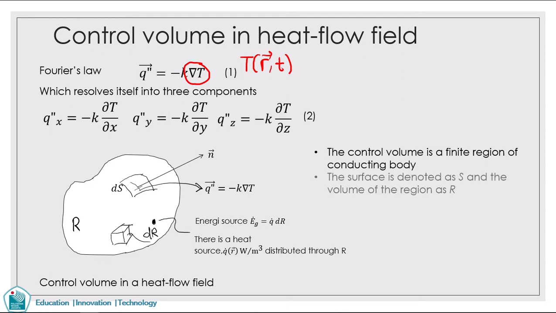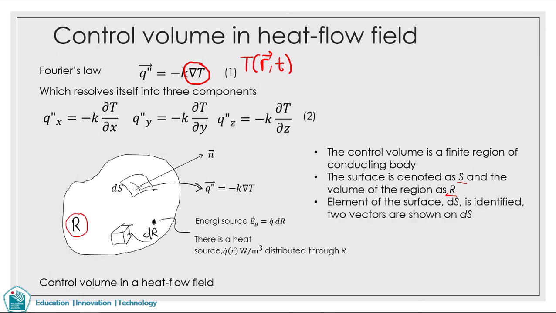Then the volume has a surface. This is the surface here. The surface is denoted as capital S, and the R here is called the volume region, so R is equal to the volume.